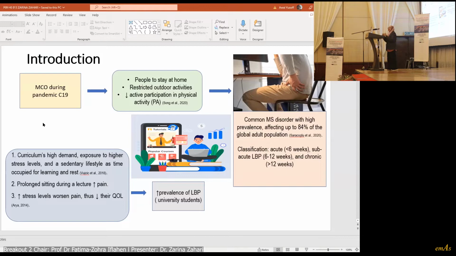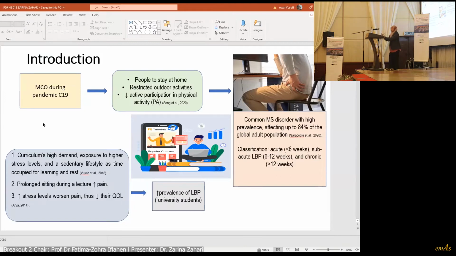Why is it important to study low back pain among students? Students face high curriculum demand, which leads to higher stress levels and a sedentary lifestyle, as time is occupied for learning and rest.